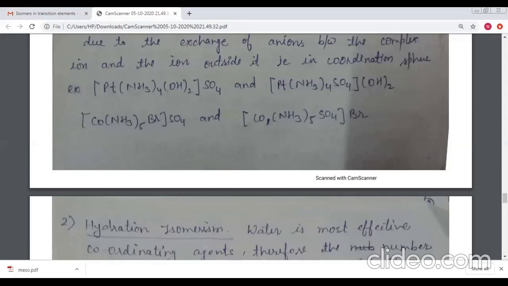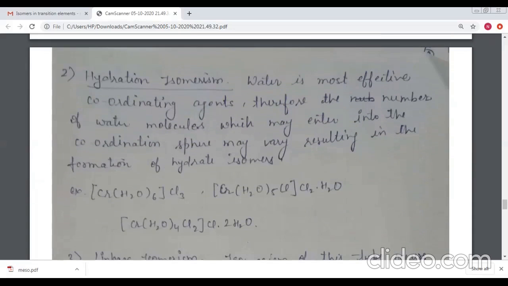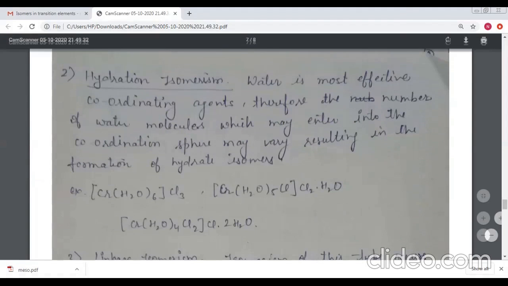So it is called ionization isomerism. The compound behaves differently when dissolved in water. This type is called ionization isomers. Then come to the second type of isomers, which is hydration isomerism.